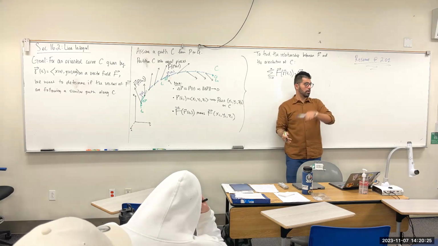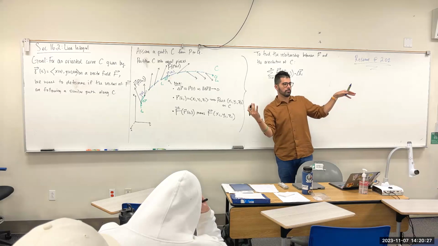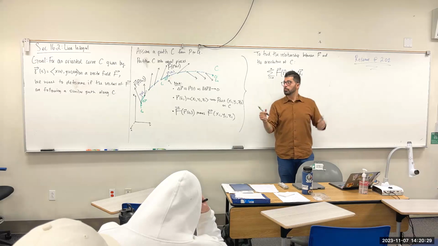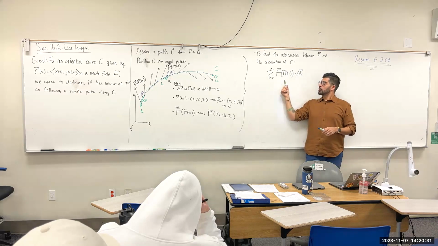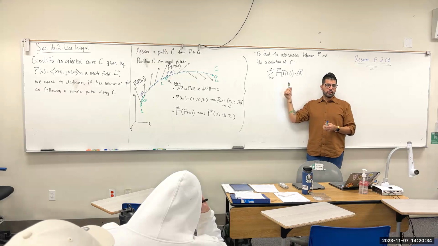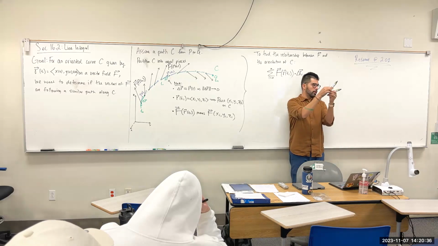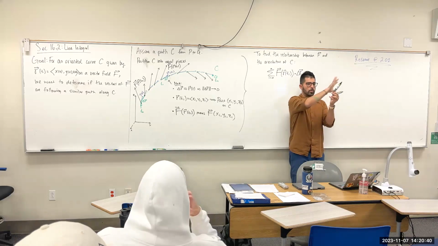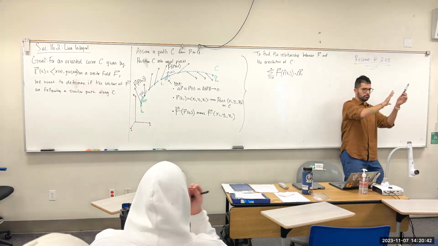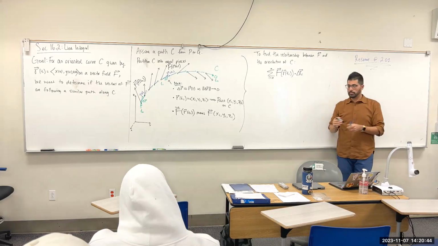So the path is mostly going opposite of the vector field flow. But if you add them up and you get something positive, that means most of those dot products have an angle between the two vectors of less than 90, so it's relatively flowing in the same direction.